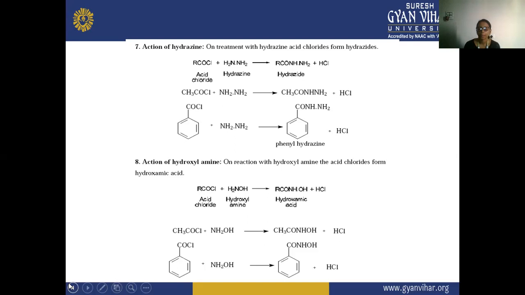In the chemical reactions of acid chloride, you have seen that there is also a formation of HCl, whatever the reagent is; the main product plus HCl is also formed. So in the action of hydrazine, the acid chloride reacts with hydrazine, and there is a formation of the hydrazide plus HCl.